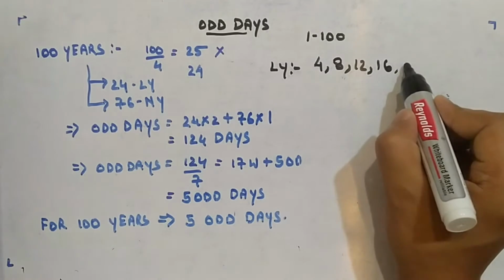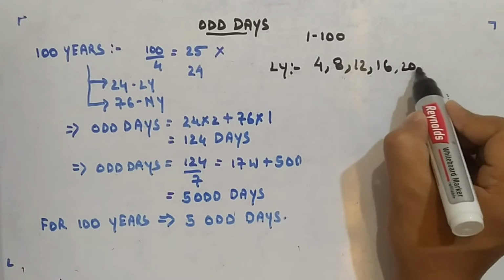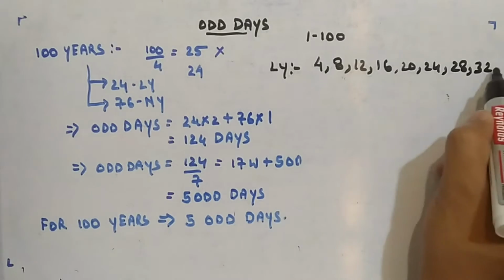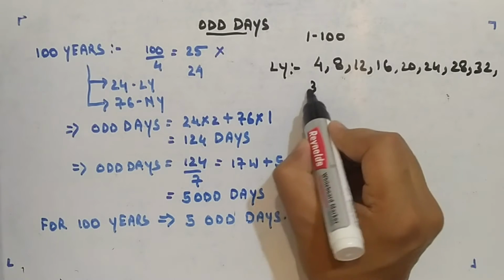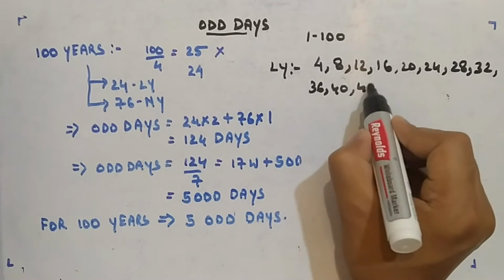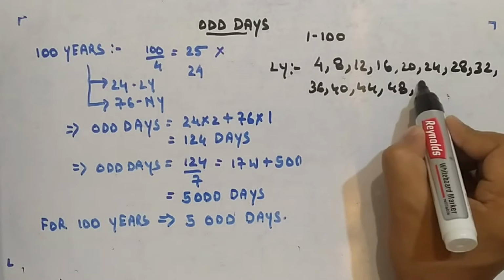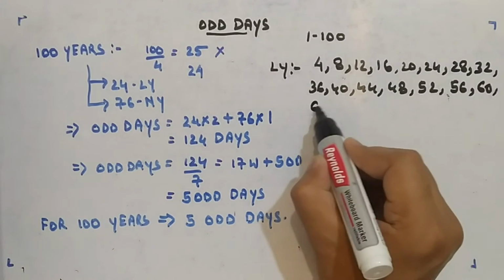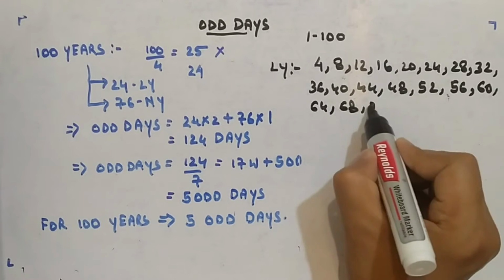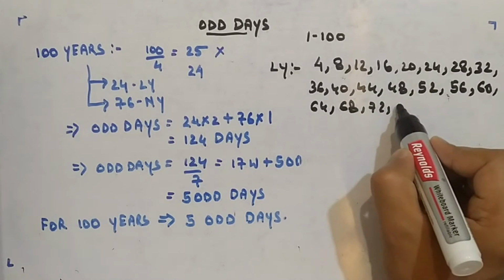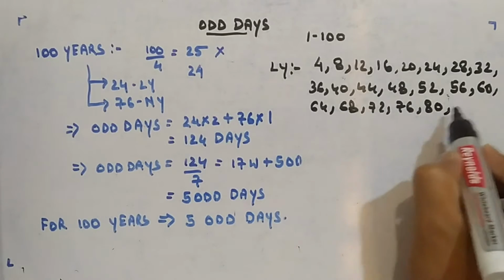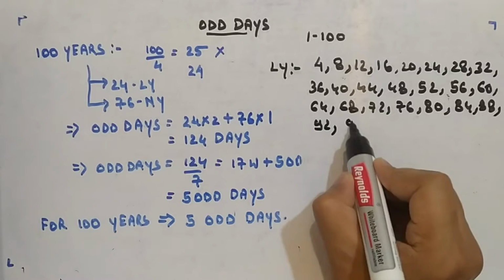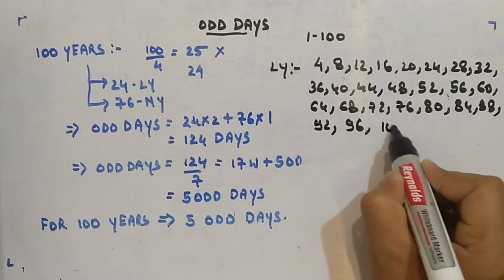4, 8, 12, 16, 20, 24, 28, 32, 36, 40, 44, 48, 52, 56, 60, 64, 68, 72, 76, 80, 84, 88, 92, 96 and 100.